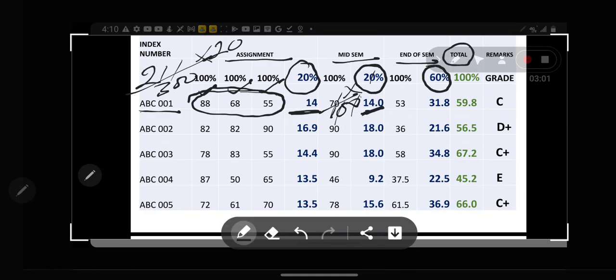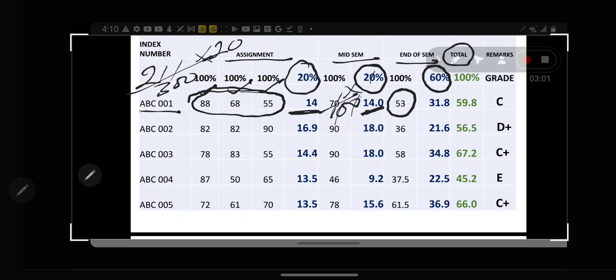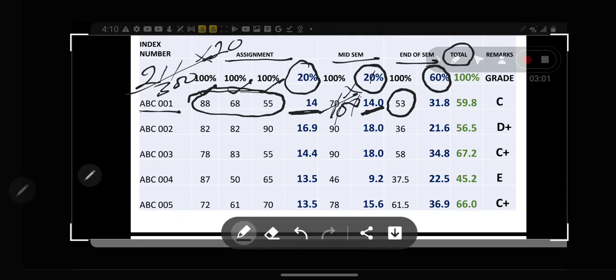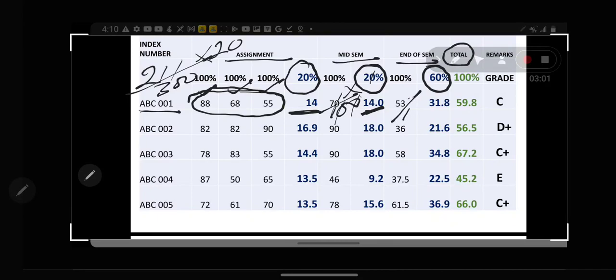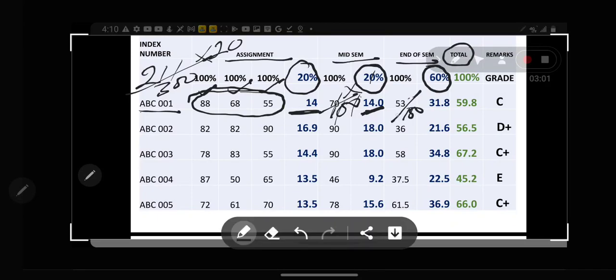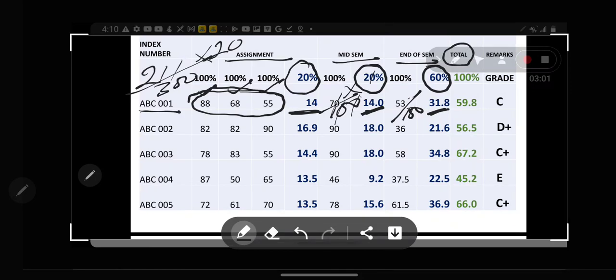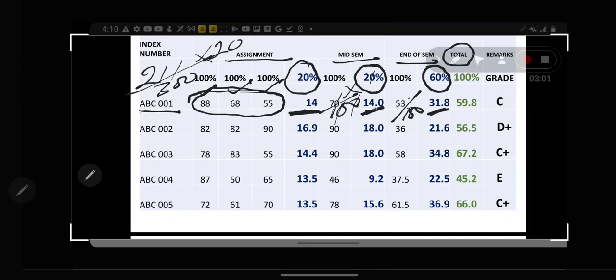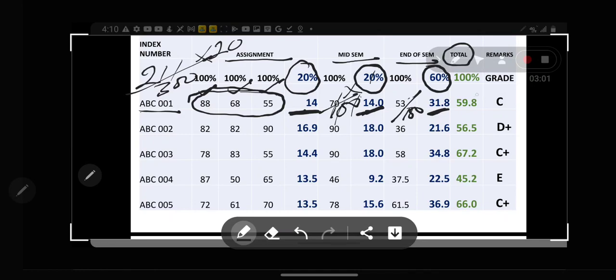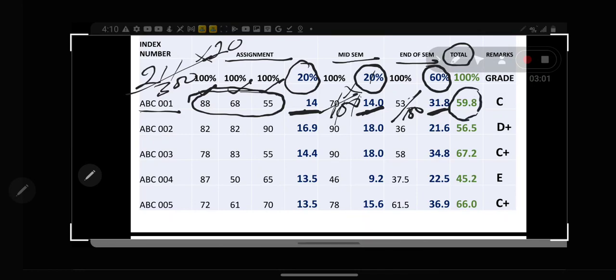Then in the end of semester exam, the person scored 53. So it's going to be 53 over 100 times 60, and what you get is 31.8. Which means that before we get the total score, which we are going to use to grade you, we need to add this 14 plus 14 plus 31.8 to get 59.8.